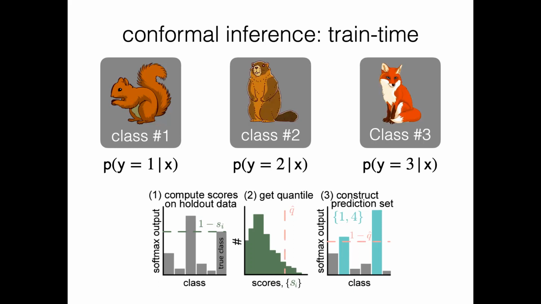So for every point in the validation set, I get this sum of probabilities. Then I will take the empirical alpha quantile of these scores, to say, okay, I want some threshold such that for 90+% of my validation examples, I contain the true class in that score. And then we'll use that score at test time to construct the prediction set, which I'll now show.